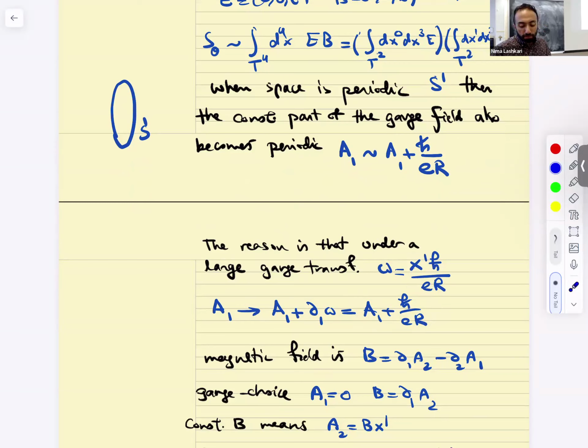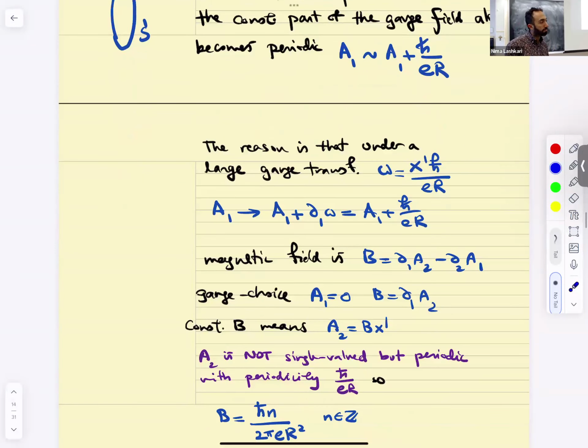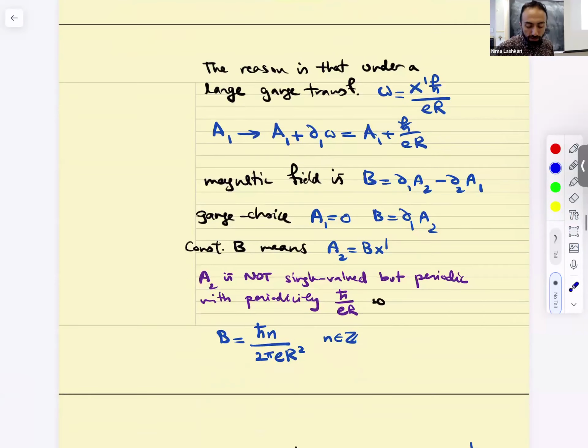The magnetic field is just del_1 of A_2 minus A_2 of del_1. So we can set A_1 equal to 0 as a gauge choice, and B is del_1 of A_2. Integrating this, B is constant, A_2 is Bx_1. A_2 is not single valued, but periodic with periodicity h bar over eR. Putting these two together, you learn that B has to be h bar n over 2 pi eR squared. This is quantization of flux.